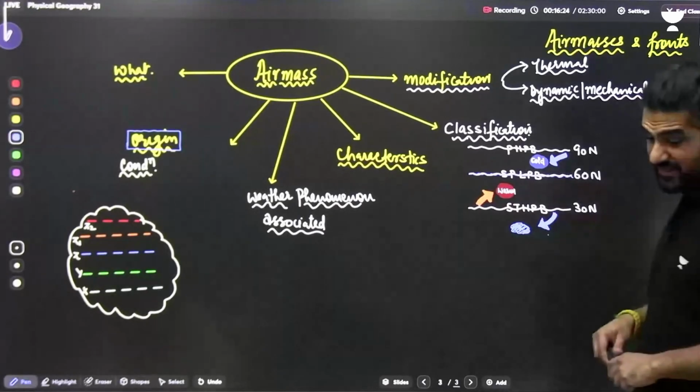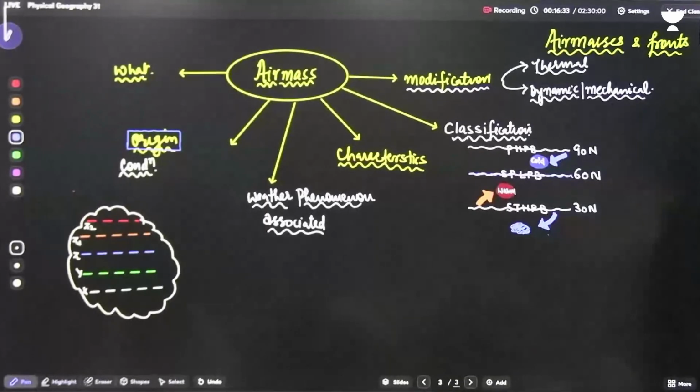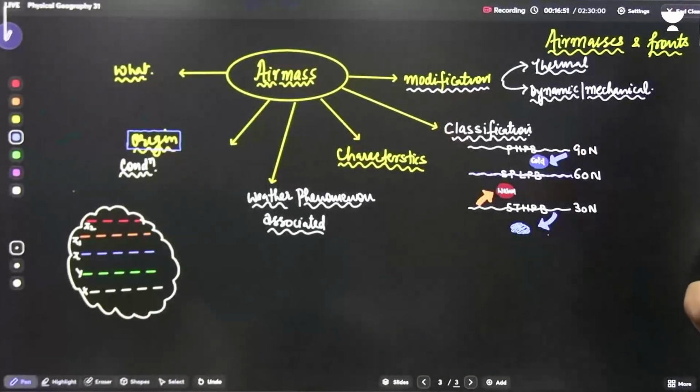So right, air mass refers to an immense body of air, immense is clear, large, or simply write large body of air with relative homogeneity in its horizontal layers, and it is identifiable by distinguishable physical properties like humidity, density.